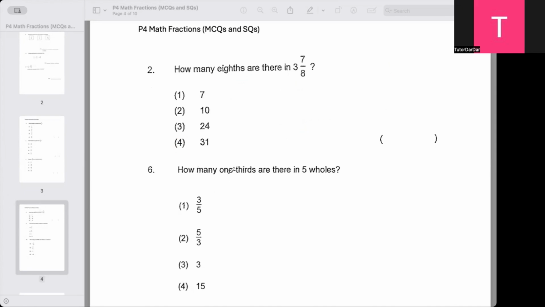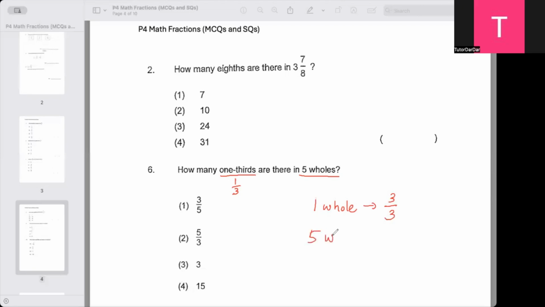Next question. How many 1/3s are there in 5 wholes? 5 wholes means 5 of them. Okay, this is not a fraction. So let's understand, 1 whole has 3 out of 3. 1 whole is equal to 3 out of 3.